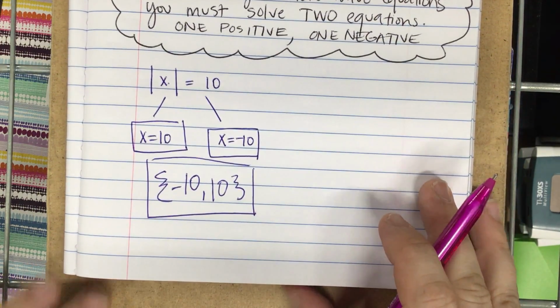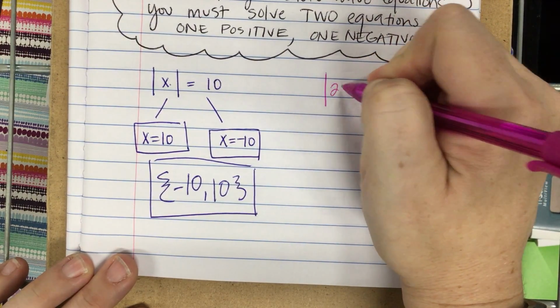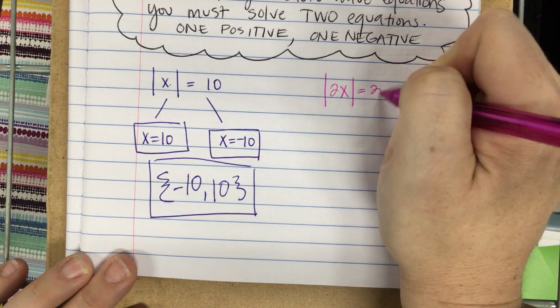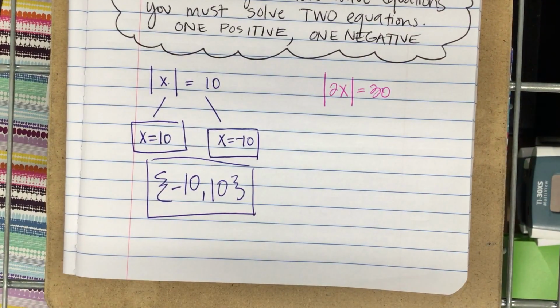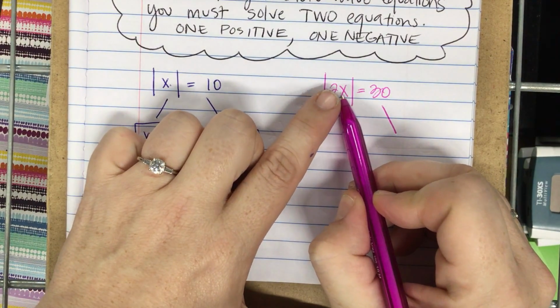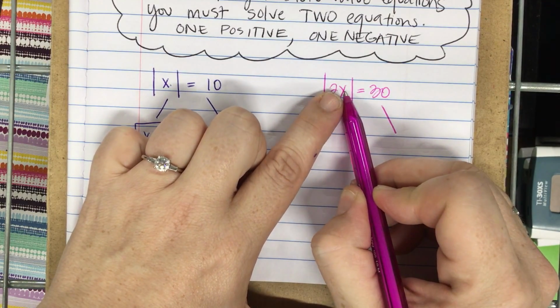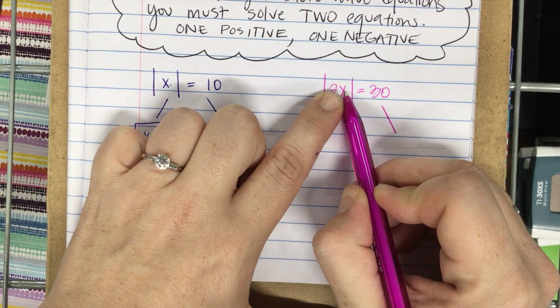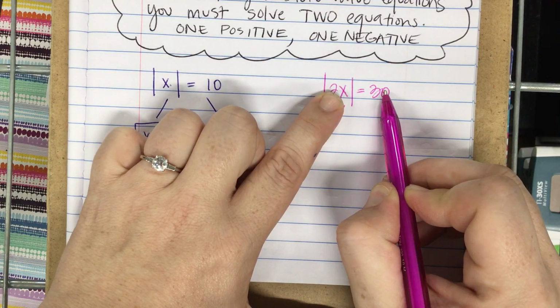Let's try a little bit harder. The absolute value of 2x equals 30. So I've got an absolute value problem, correct? And I'm going to have to do it twice. I'm going to have to say, okay, 2x could equal 30 to give me an absolute value of 30.